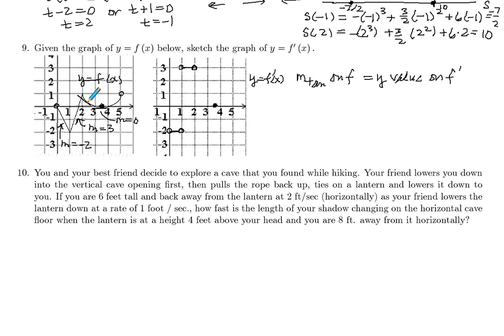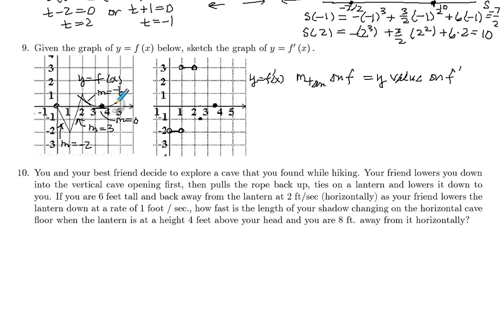And that hits at about 2.5. So at 2.5 here, your y value is probably down here. And that's m is -1. So here, this is m equals -1.